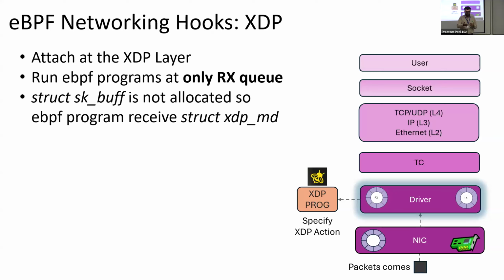So when a network interface card would DMA a packet to the driver, before even allocating a struct sk_buff, you create an xdp_md structure on top of it and pass it to the eBPF program. The benefit this gives you is that without even allocating any kernel data structure, you can take decisions on the packet, whether you want to change it, divert it, drop it, or move it forward.